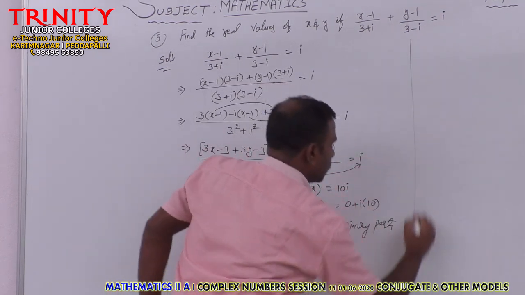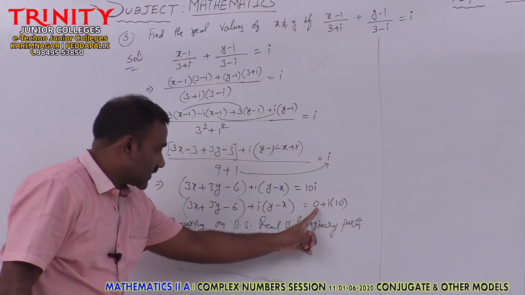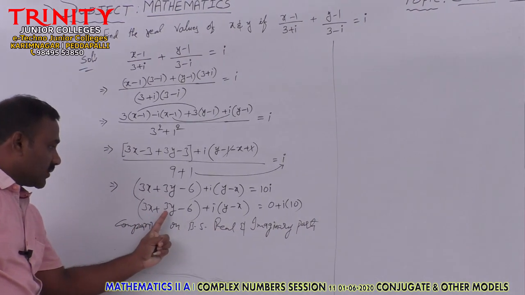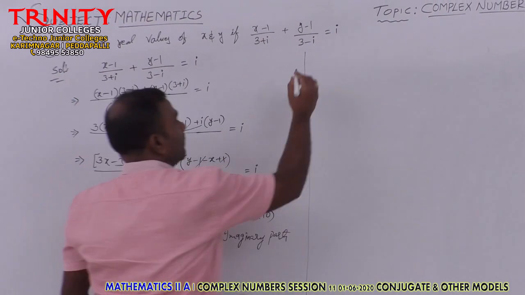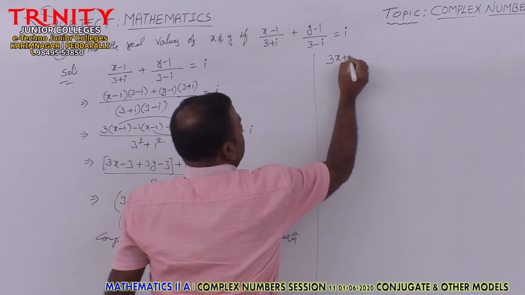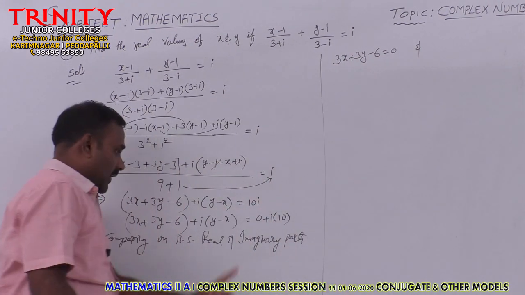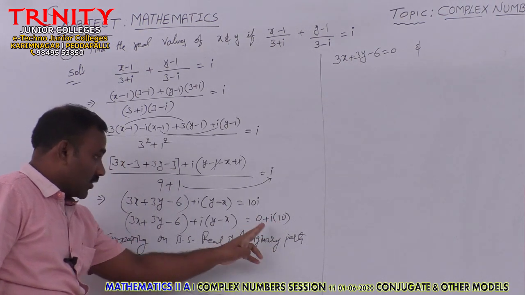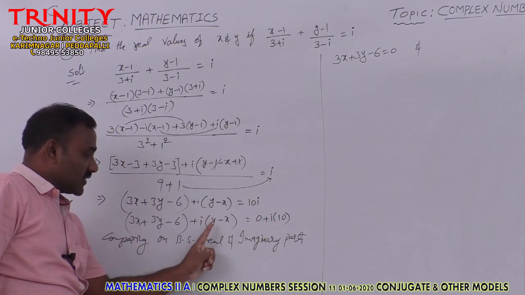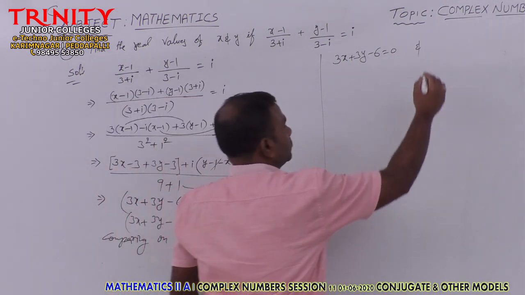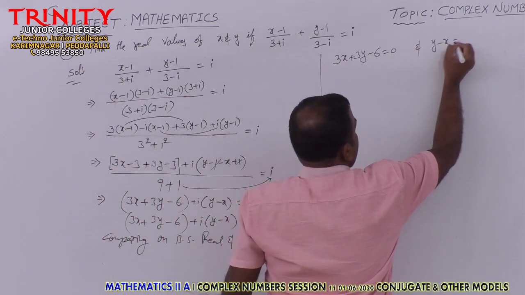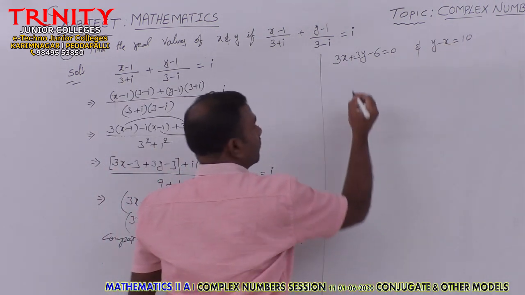For the real part, the right side is 0 and the left side is 3x plus 3y minus 6, so 3x plus 3y minus 6 equal to 0. And for the imaginary part, the right side i coefficient is 10, and on the left side the imaginary part is y minus x. So y minus x is equal to 10.